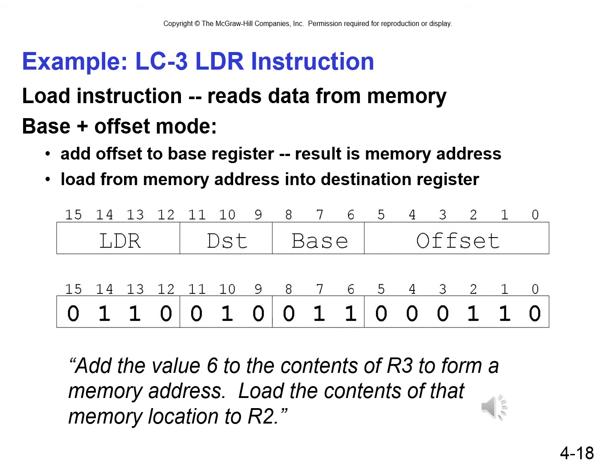So this command, LDR, which stands for load register, takes a full 16-bit memory address stored in a base register, and in this case it looks like R3, and it allows you to add an offset from that value, from that address.